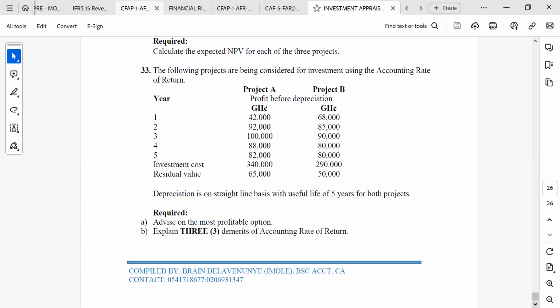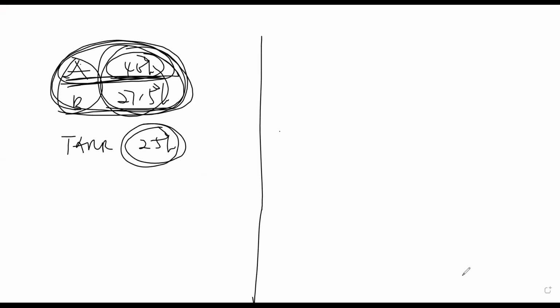Let's now come here. We are given profit before depreciation. So we are solving question 33. Let's look at project A. Which method are we using for the calculation of the depreciation?